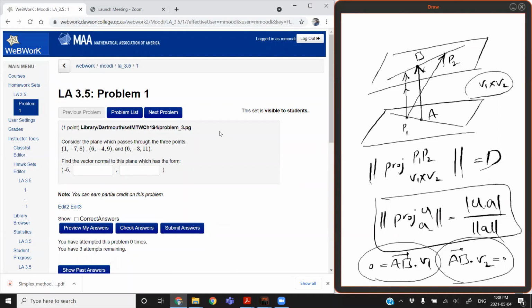Let me know if you need help. I'm going to give you 5 minutes to think about this problem here, and then I'll do it on the board.